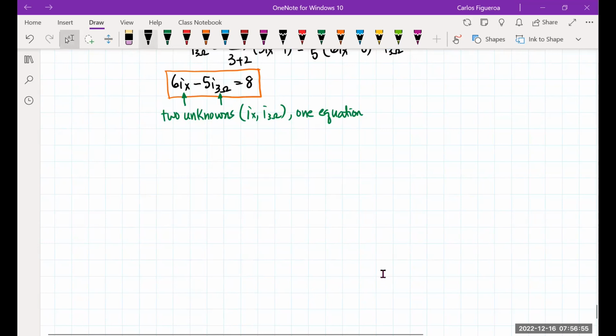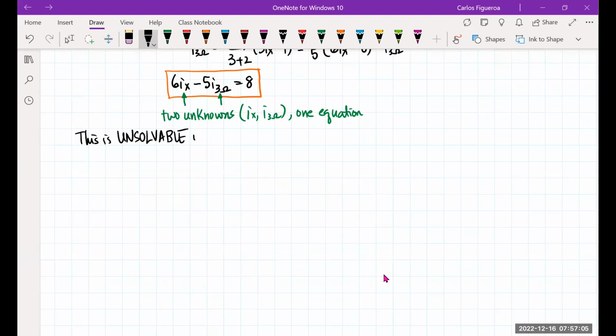Immediately this tells me that this is unsolvable unless we find a second equation. And so here we go.